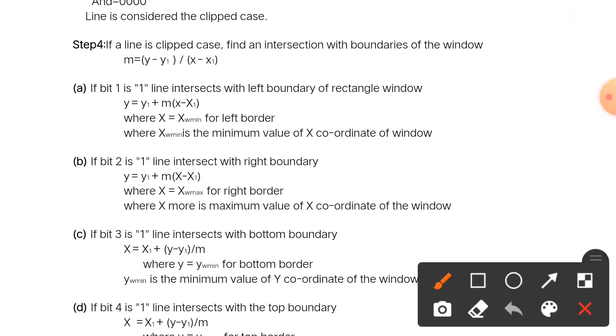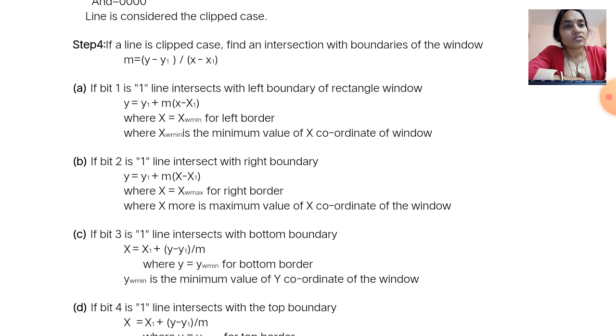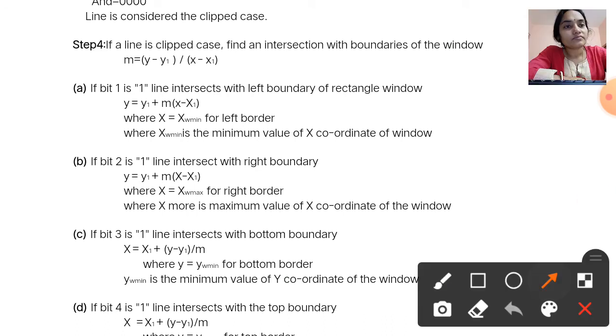This one is your y value, this one is your x value. That means this point is x min and this point is x max.